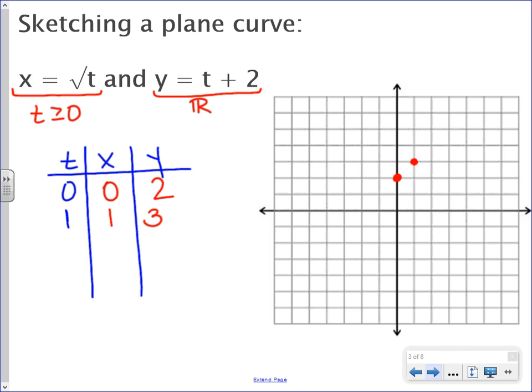3 is going to be messy. 4, will that give us a nice number? Okay. 4 would give us a nice number. 4 would give us the coordinate 2, 6. Okay. And I think we have enough to kind of know our shape. What does that look like?